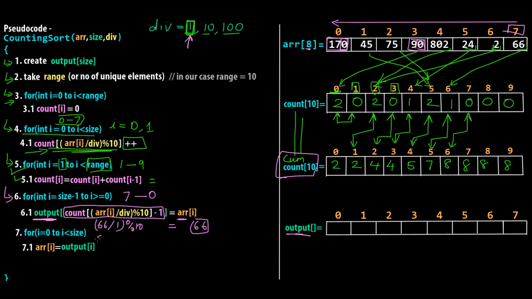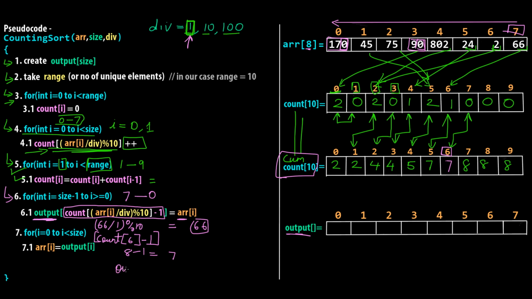So we are saying count of 6 minus 1 is going to give us the index position of the output array. So what is count of 6? In the cumulative count that we've calculated, at the 6th index position, the count stored is 8. We are saying 8 minus 1, so now this becomes 7, and this is what we are interested in.